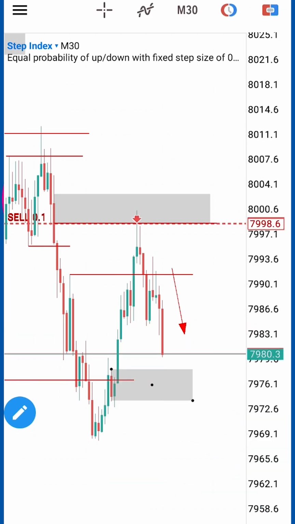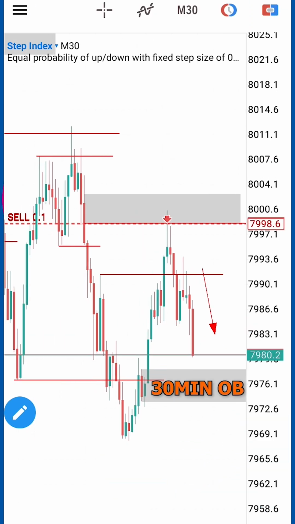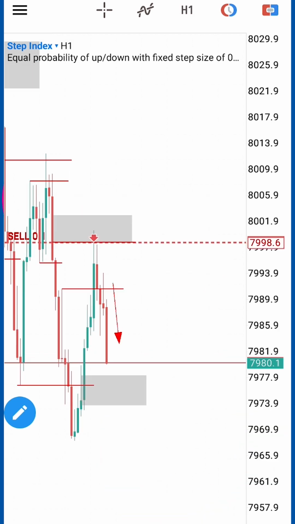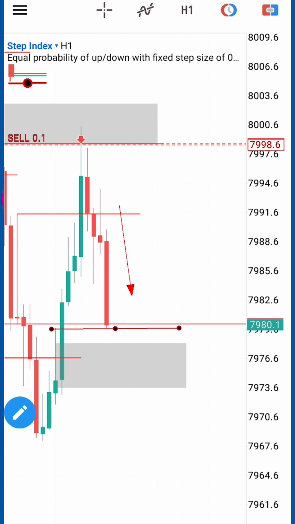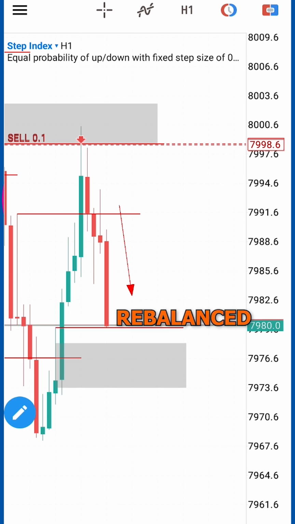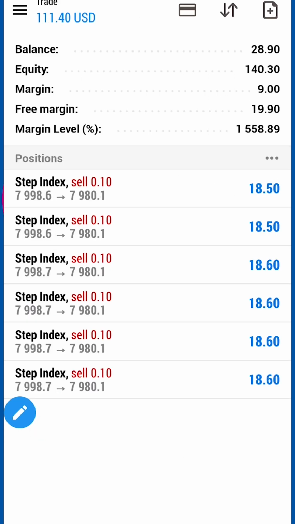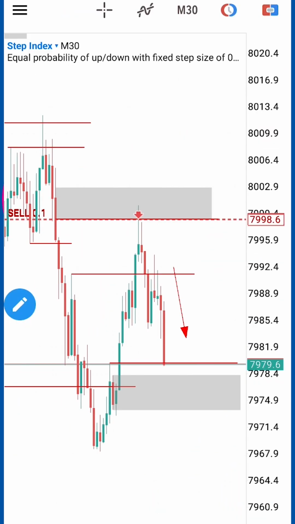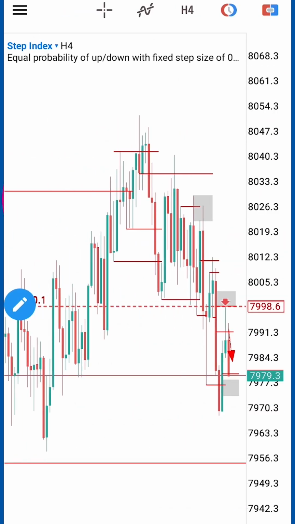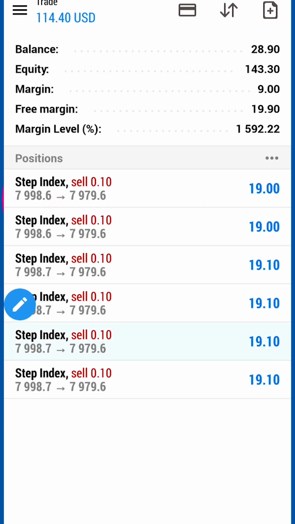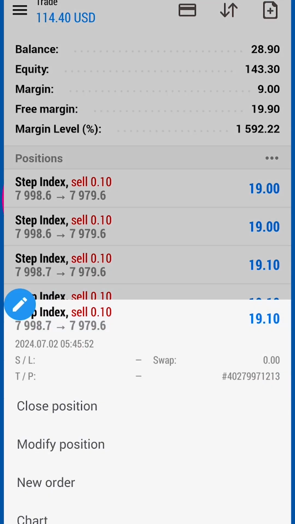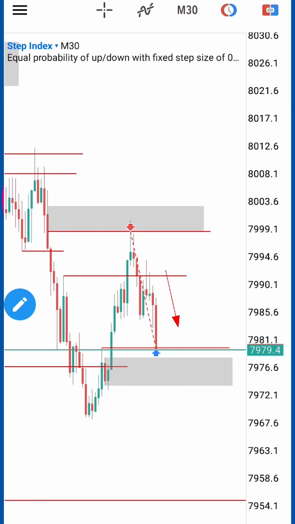It might, of course, shoot back up, because that 15-minute OB is also the 30-minute order block, and that 30-minute OB is right after it rebalances the 1-hour fair value gap. So I didn't want to continue holding it, because I knew price had to keep on stalling there, or it has to return back up and then we can sell again. So that's why I decided to close the trade at this level.